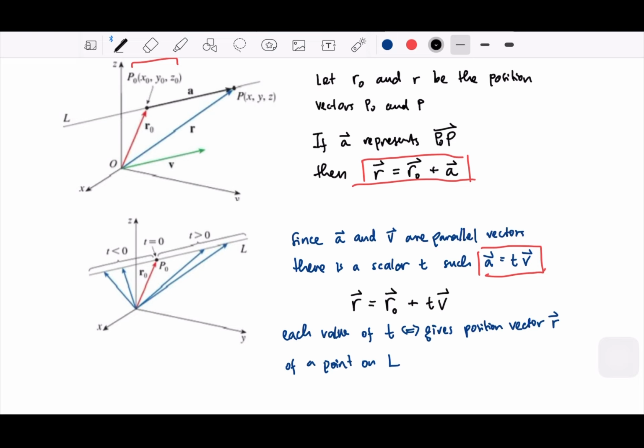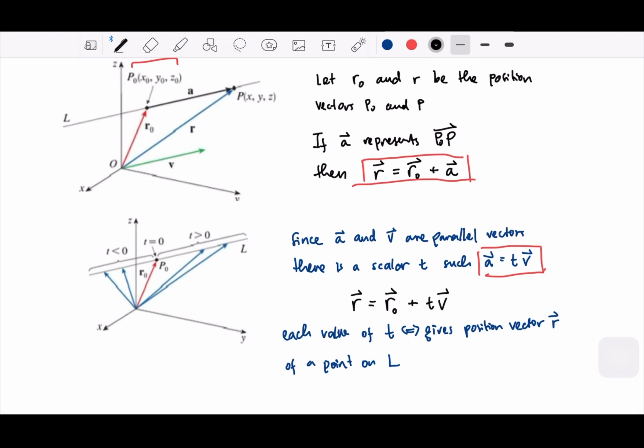Imagine this is the initial point when t equals 0. If we make it negative, we are going to the left. When we make it positive, we are going to the right. This is just an illustration of how we can visualize what the position of the vectors looks like.